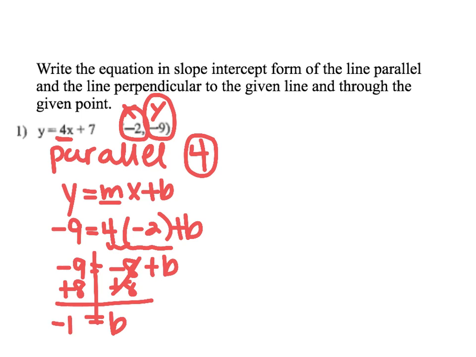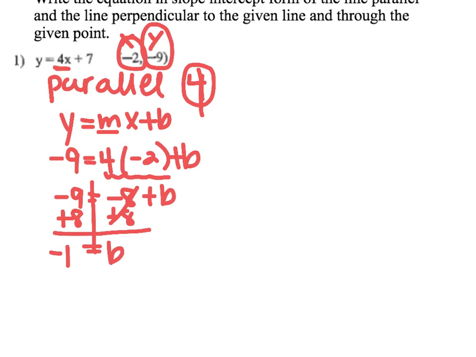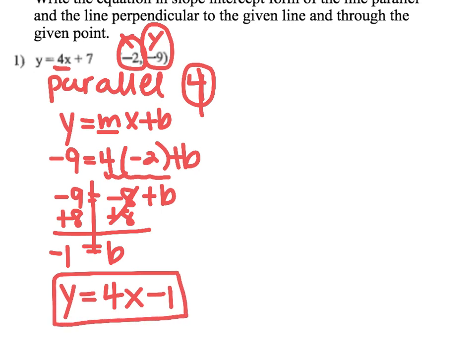So the parallel line would be y equals 4x minus 1, slope of 4 because they have the same slope, and a y-intercept of -1. That is parallel to the original y equals 4x plus 7, and it goes through -2, -9.